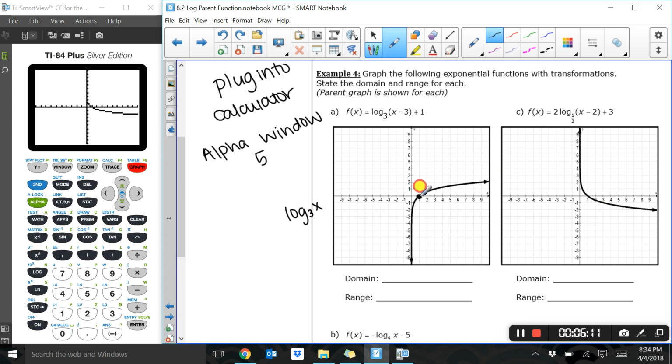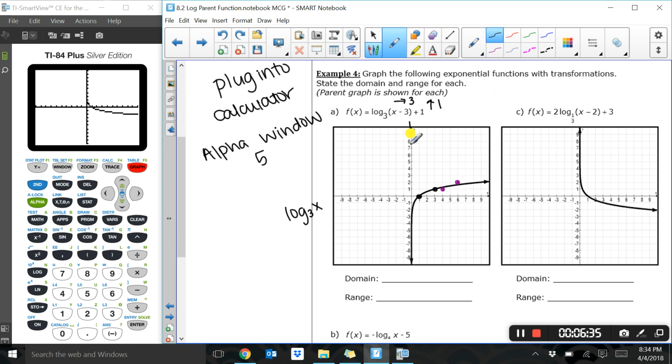Now, if you just want to use the points that you know, you have (1, 0) and then you know you have (3, 1). This minus 3 takes it right 3, and that plus 1 goes up 1. So if you want to just go right 1, 2, 3, and up 1, and then write 1, 2, 3, and up 1, you can totally do that.